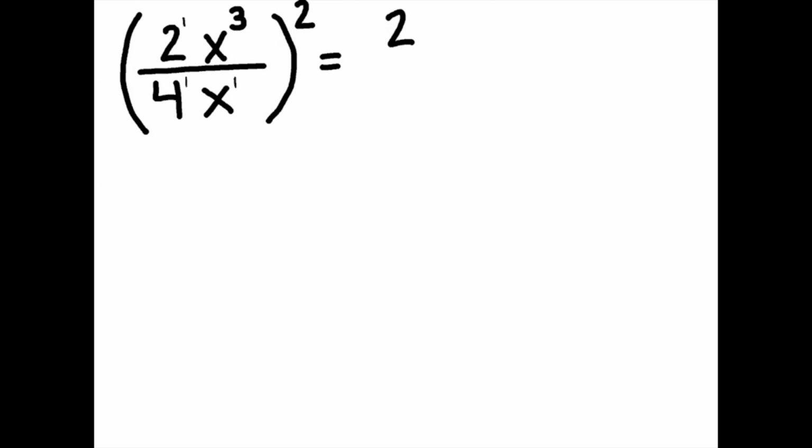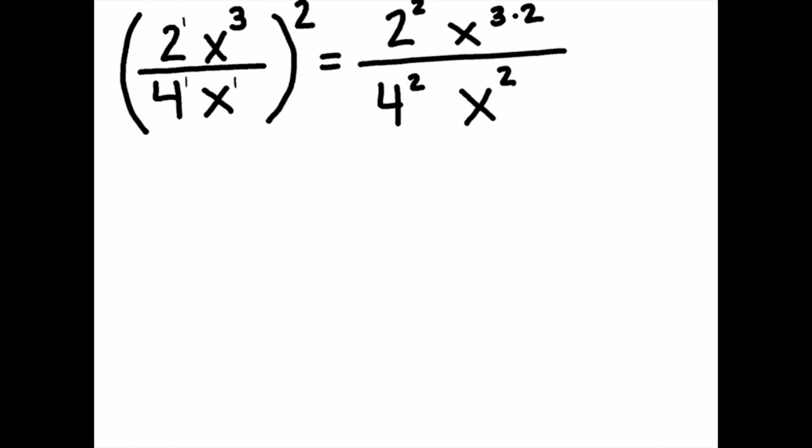That's going to give me 2 squared times x to the 3 times 2 all over 4 squared x squared. So I didn't write 1 times 2 because 1 times any number is just itself. So for those 3 exponents, I just automatically went to 2.